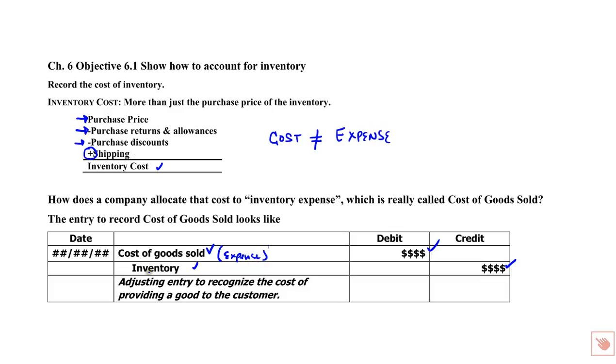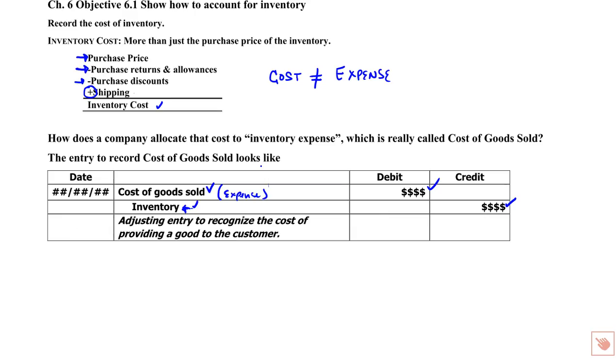So the cost will be in this inventory number here. And then when we transfer the inventory to the customer, then we transfer that inventory cost to the expense account, which shows that the inventory is being used up. Okay? And that's what an expense is. It's a using up of a resource or the assumption of a liability.